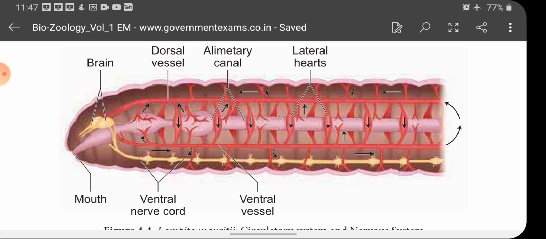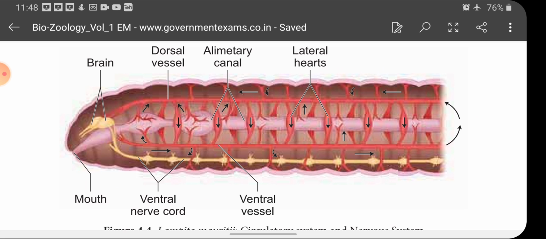One is the dorsal vessel, which is present above the alimentary canal, and the structure which runs below the alimentary canal is called the ventral blood vessel, right? So there are two blood vessels which run, one above the alimentary canal and another one below the alimentary canal.